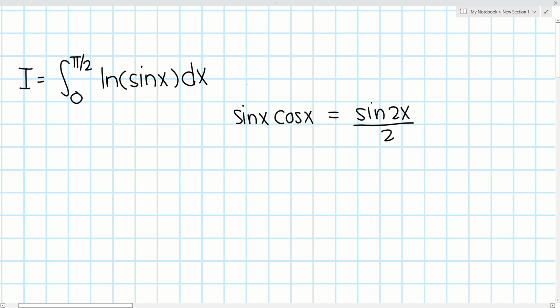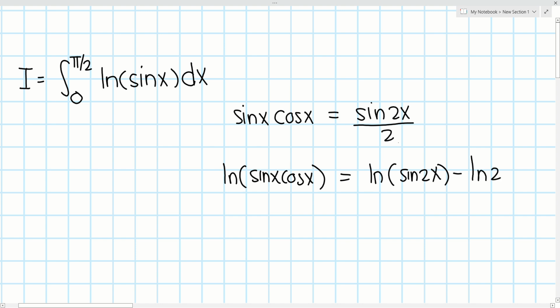This is the double angle identity. So if I can introduce a cos x here, I'll get ln of sine x cos x, and then I'll get ln of sine 2x minus ln of 2, because it's over 2.